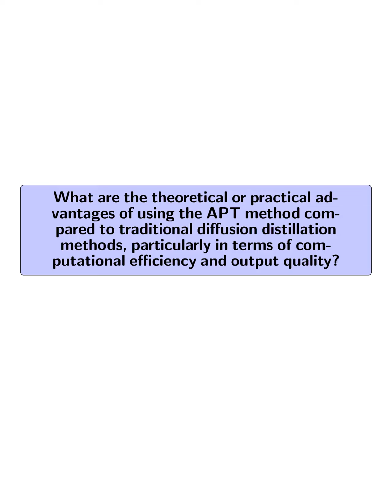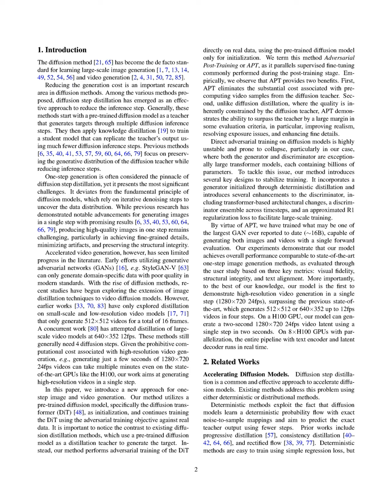What are the theoretical or practical advantages of using the APT method compared to traditional diffusion distillation methods, particularly in terms of computational efficiency and output quality? The adversarial post-training APT method offers significant theoretical and practical advantages over traditional diffusion distillation methods.